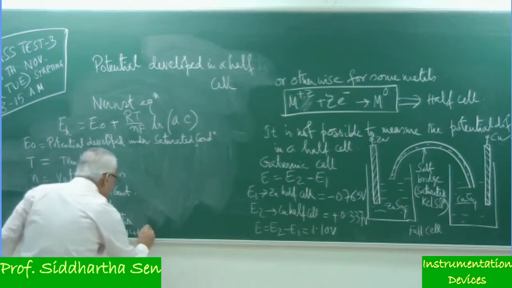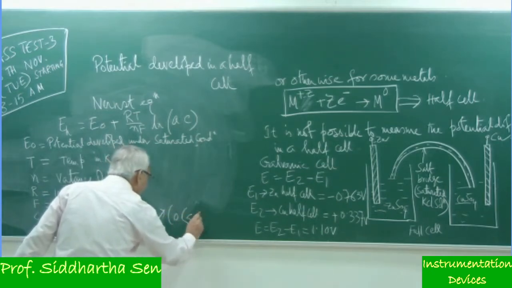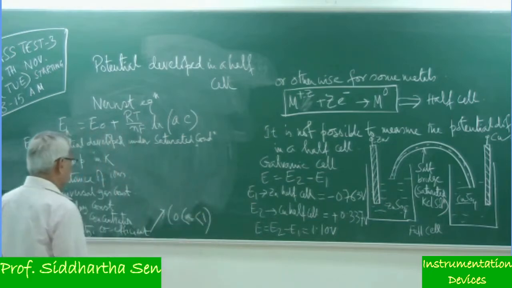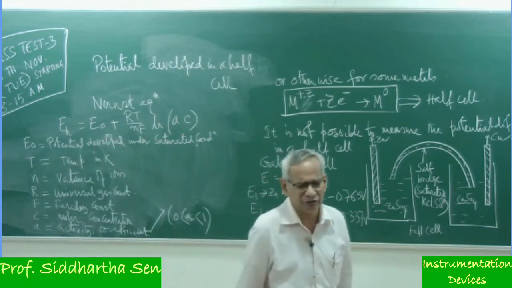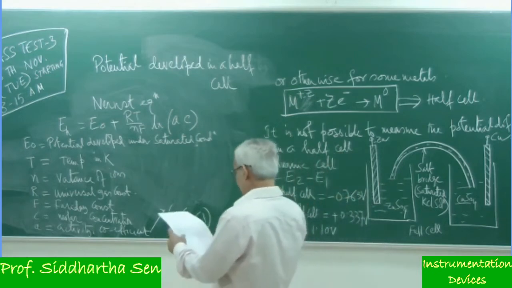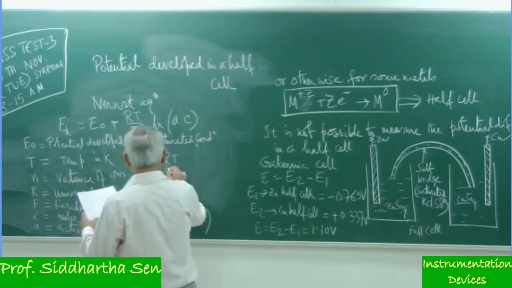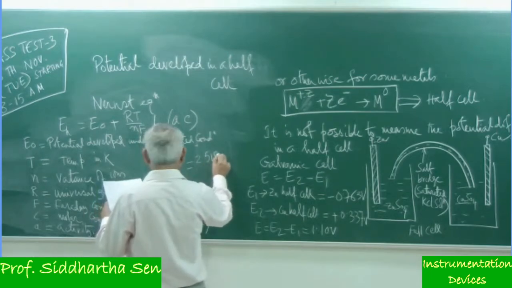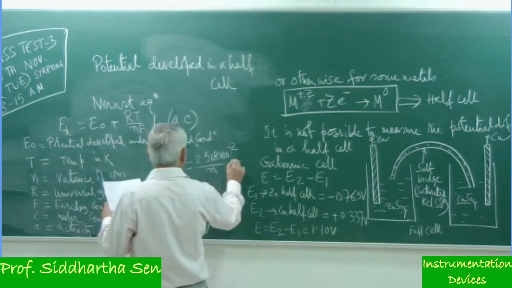And this a is between 0 and 1. The more dilute the solution is, a is very close to 1. That means if the solution is very dilute, it is very close to 1. And in fact, this RT by nF value, putting all the constant values there, is 2.518 times 10 to the power minus 2 divided by n volts.